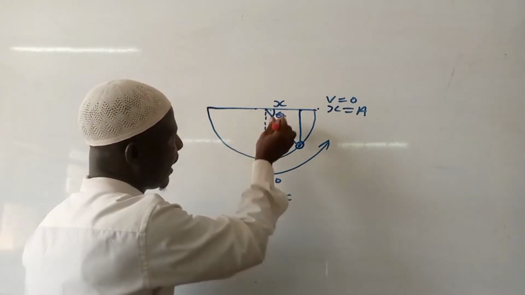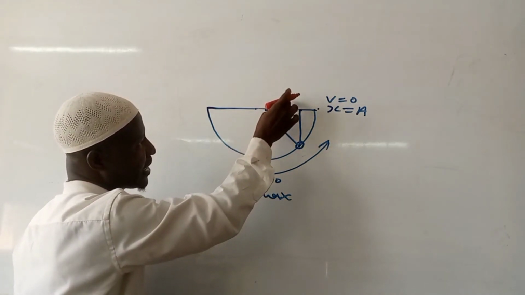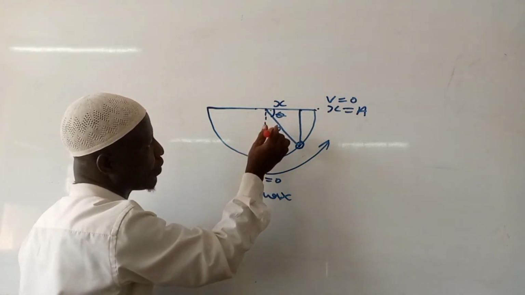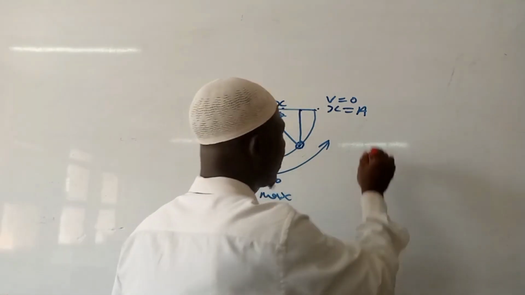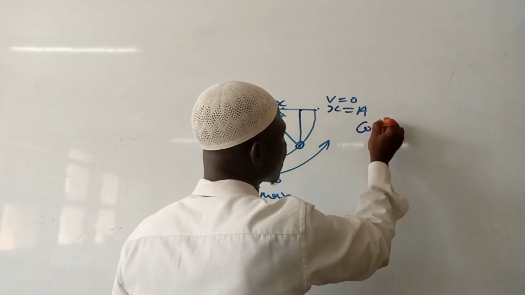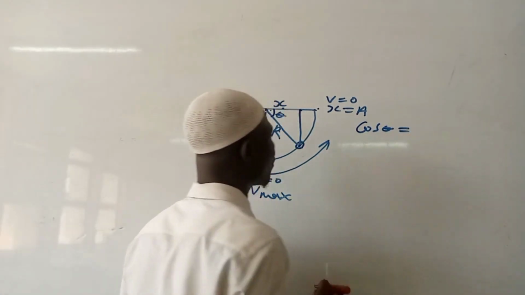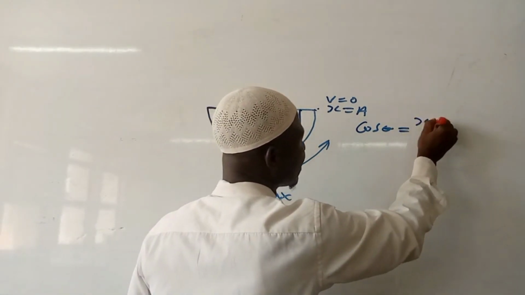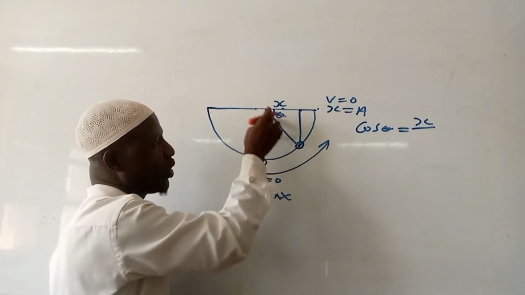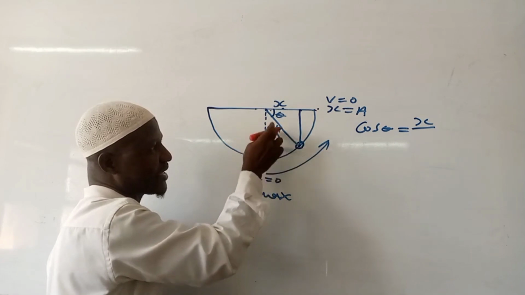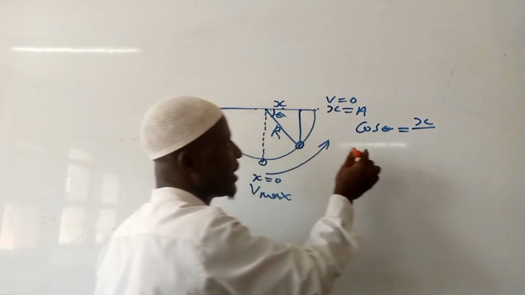Now, let's look for this x. While this one is the hypotenuse, this is the adjacent. Therefore, we are going to have cos theta is equal to adjacent over hypotenuse. And this hypotenuse is what? The whole length, that is r, which is the same thing as amplitude a.